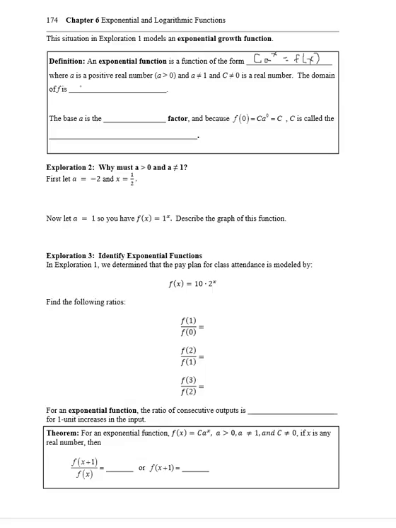So the domain of all exponential functions is negative infinity to infinity. Remember, the domain is all the possible x values. The base a is what we call the growth factor. And because f of 0 equals c times a to the 0, which is c times 1, we call c the initial value.